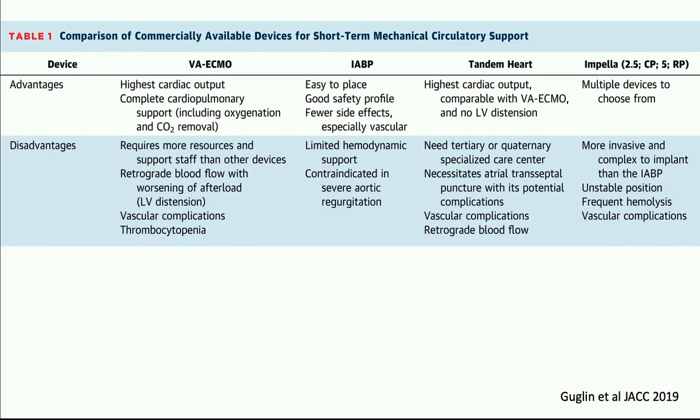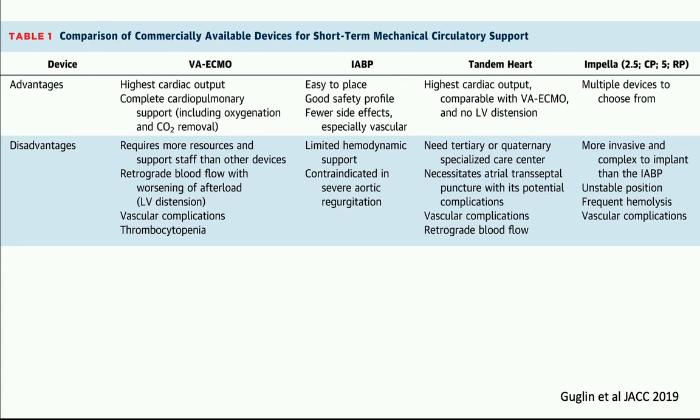There are disadvantages and advantages to each of these mechanical circulatory support devices. As I mentioned, the highest cardiac output comes from VA ECMO. However, VA ECMO comes with its own issues, which I will explain. And balloon pump is probably the least effective, but it's easy to get in, and most hospitals who have catheter labs may have a balloon pump.